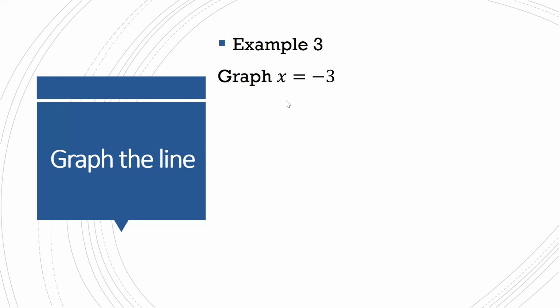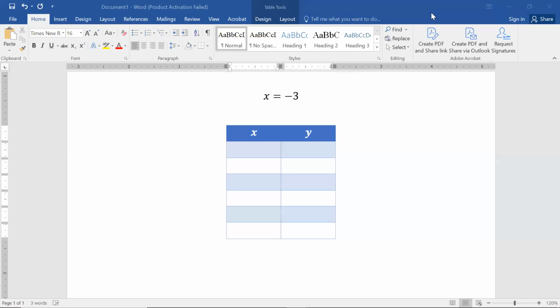Let's turn to example 3. In example 3, we are going to graph x equals -3 in the same manner that I did before. Since we have x equals -3, we're going to plug in some different values for y. Any values will work.